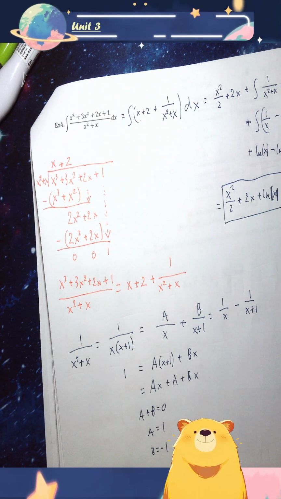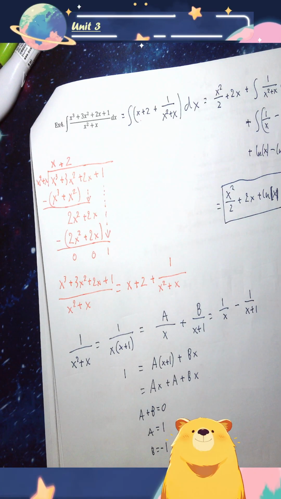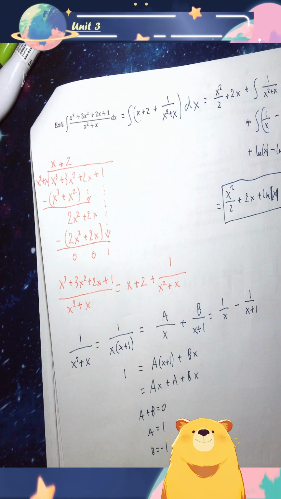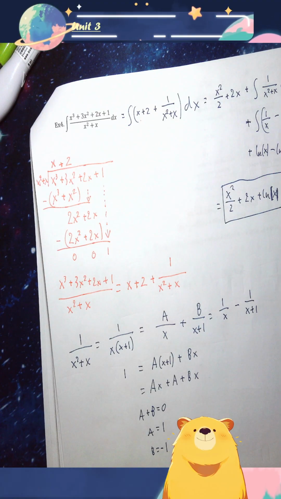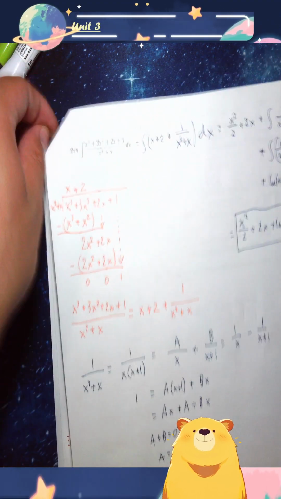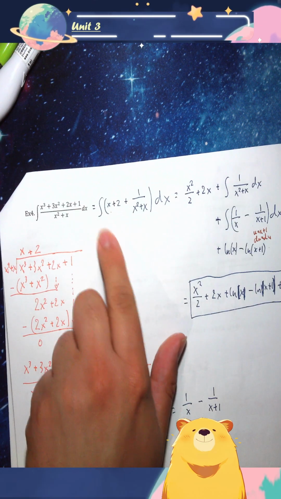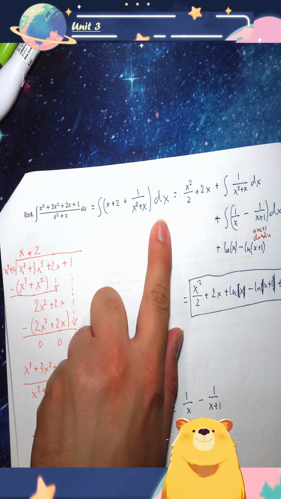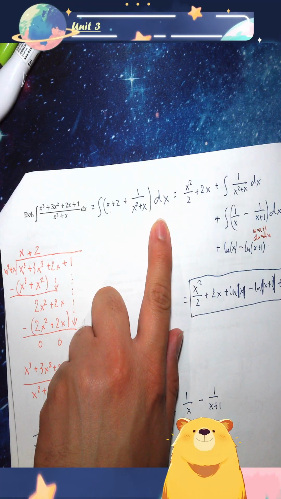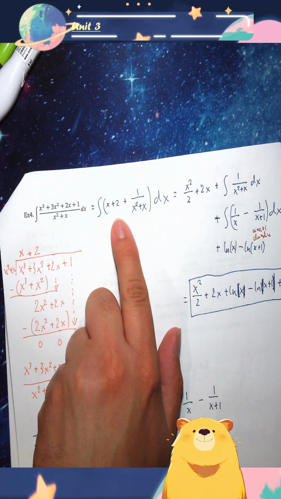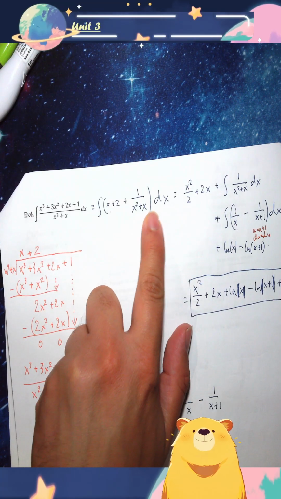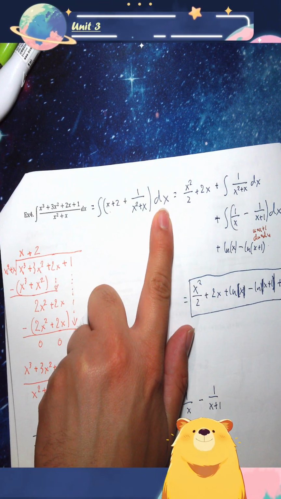All right, so that's pretty much it for this one. Now, actually let me write it out just so we don't get lost. We have to do the integral of x plus 2 plus 1 over x squared plus x dx.